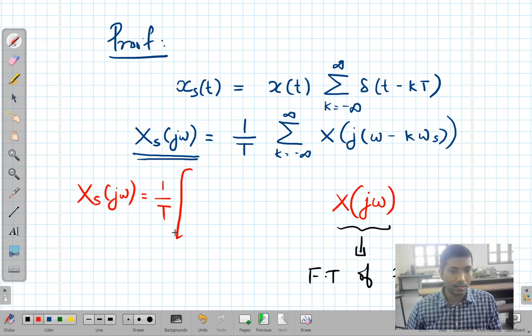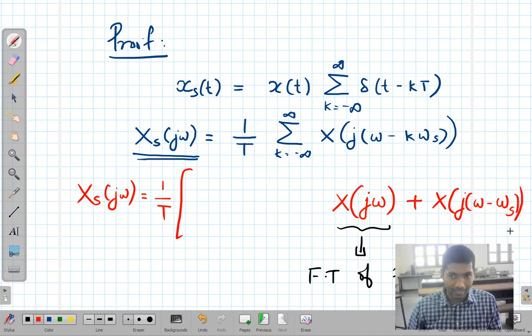Now what is the summation when k is equal to 1? When k is equal to 1, it is x of j omega minus omega s. This is actually the Fourier transform of the signal x of t which is shifted by omega s. We'll draw that now, and at that time it will be clear. This will be a signal which is delayed by omega s units.